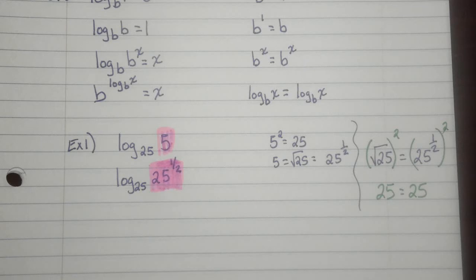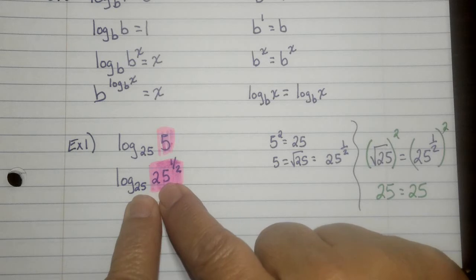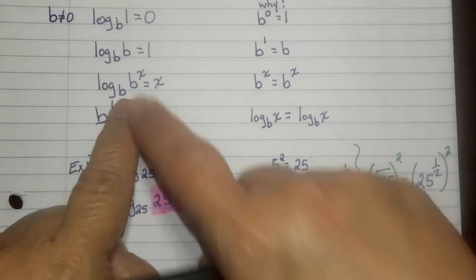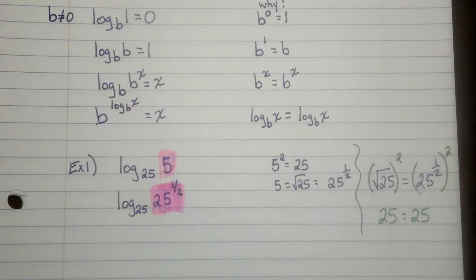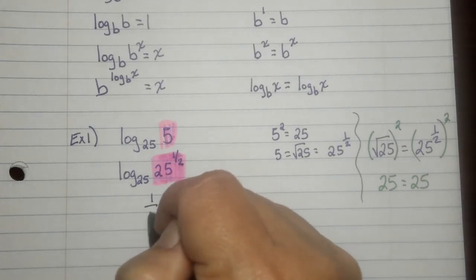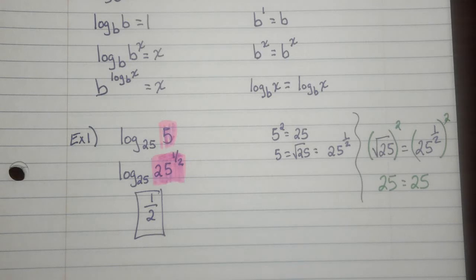Now, why would I want to do that? Because now my base and my number here match. And I have a property that says if the base and the number match to the exponent, the answer is just my exponent. So my answer here is just 1/2. No calculator needed.